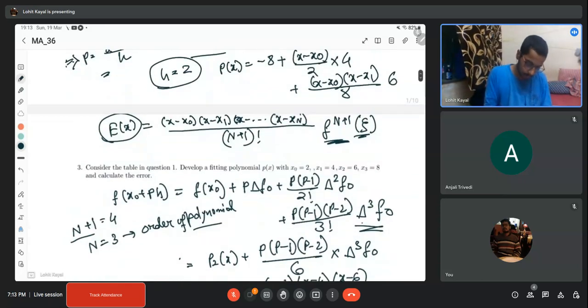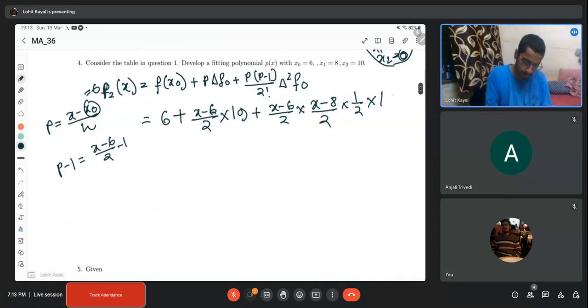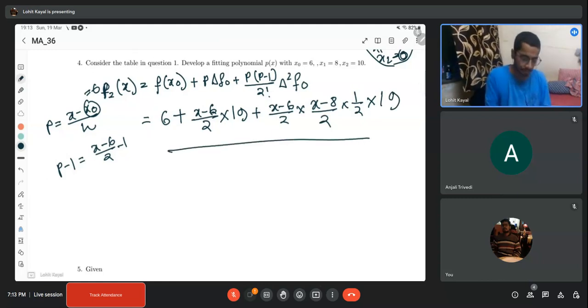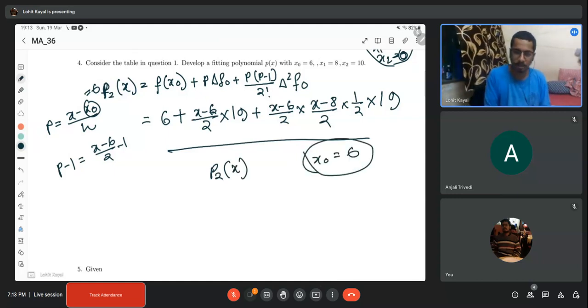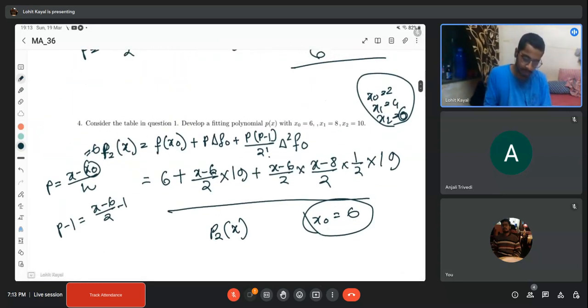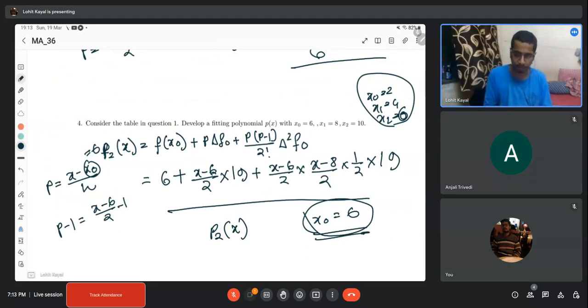Yeah, so I'm taking the value 19 into 90. If you expand this and find a formula, you will get your desired P2x starting from x naught equal to 6. So this is a shifted Newton's forward difference formula. You just need to change the definition of x naught, and the rest of the procedure is exactly the same.